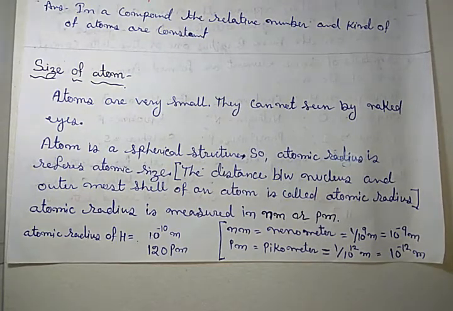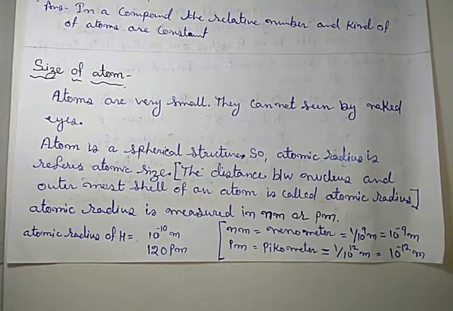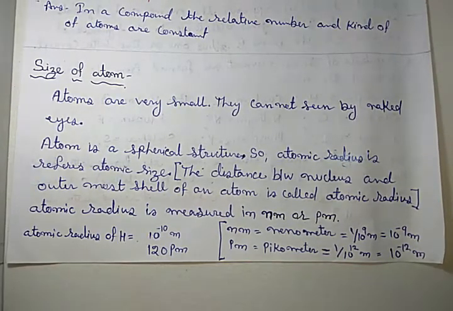Now the question comes to our mind, what is atomic size? Atomic radius: the distance between the nucleus and the outermost shell of an atom is called the atomic radius. Now one more question comes to our mind, what is the outermost shell?